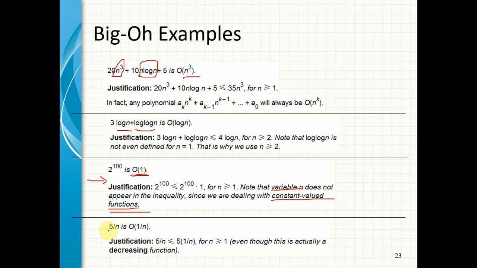For the last case, 5 over n, we call it O(1 over n). With this, you can understand how a function can be represented in the Big-Oh notation.